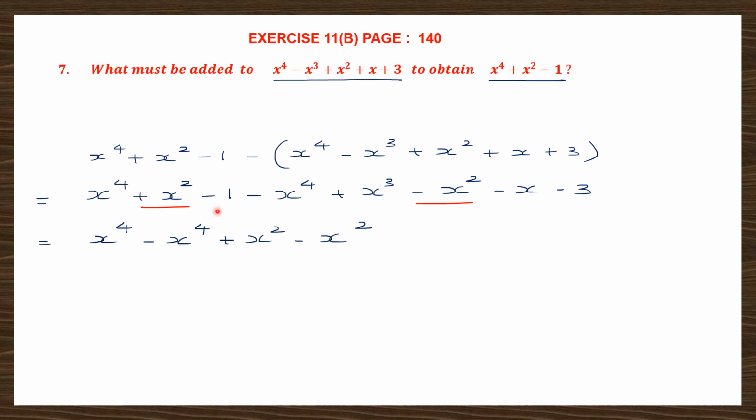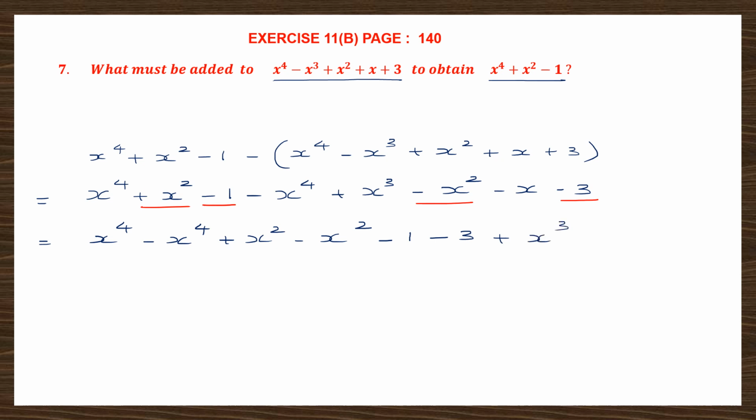Then what else do we have here? We have minus 1, and here we have minus 3. So we have the whole numbers, minus 1 minus 3. Then what is left is x to the power of 3, which is only 1 by itself. So that is plus x to the power of 3.